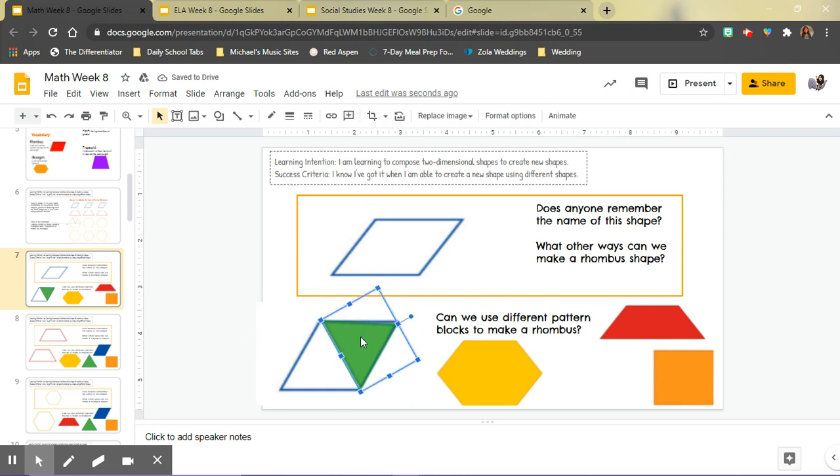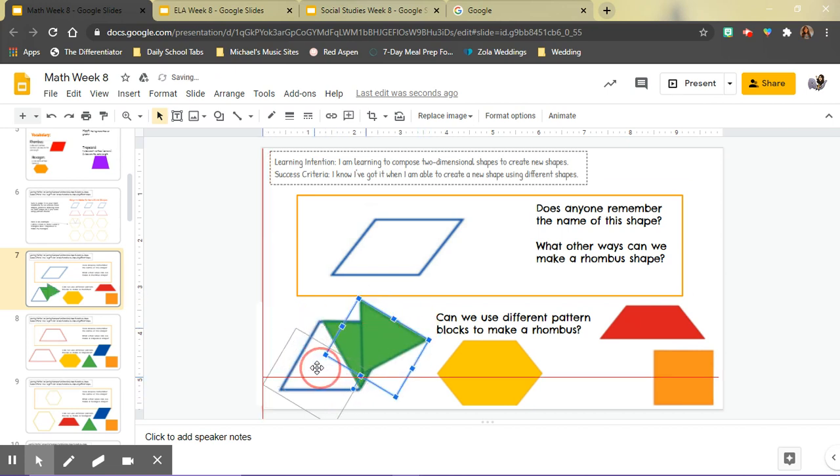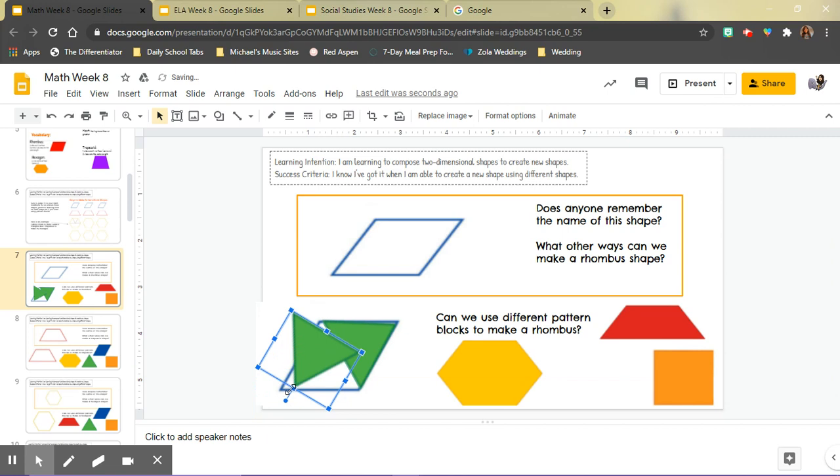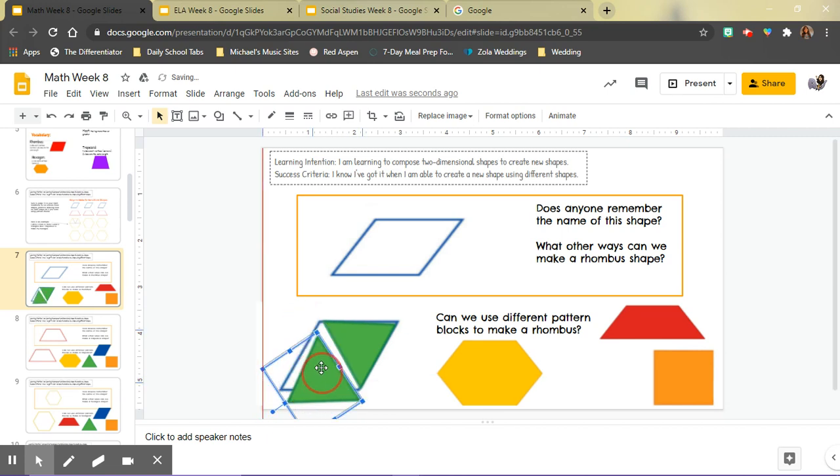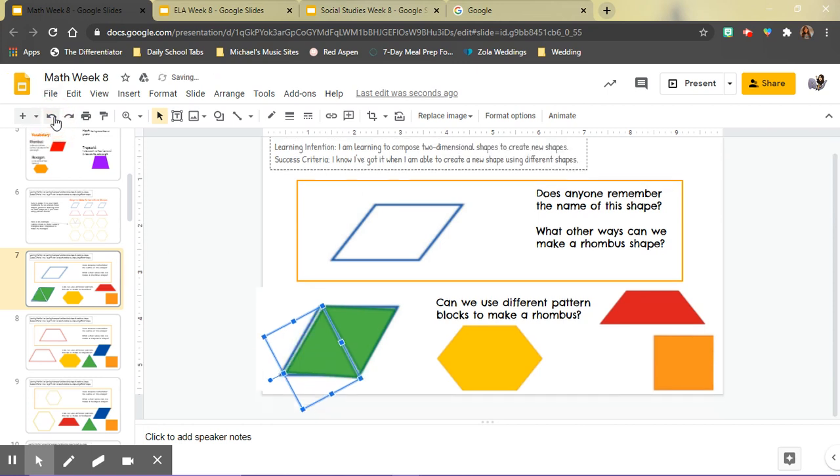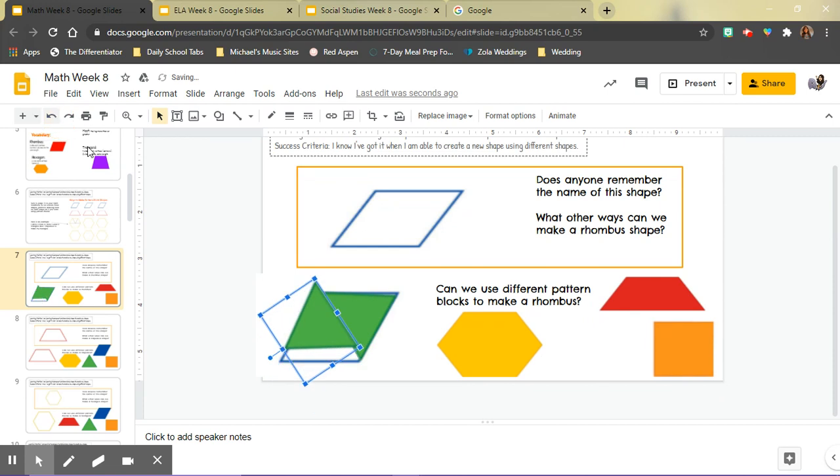And then I can use another triangle to fill in the other side. Now I've made a rhombus using a different shape. I used two triangles. Did you have that way in your workbook? Let me move these back out of the way.